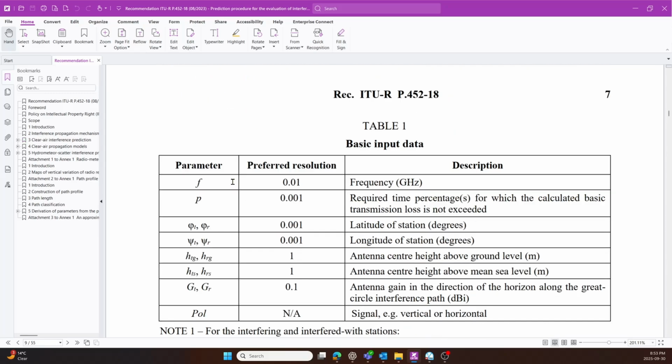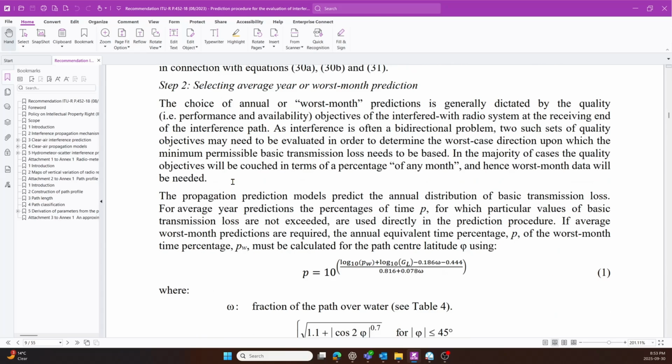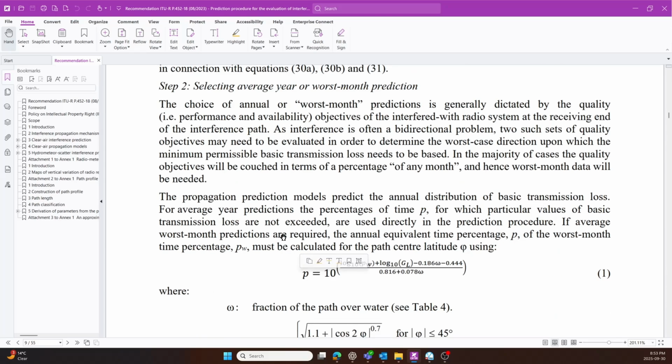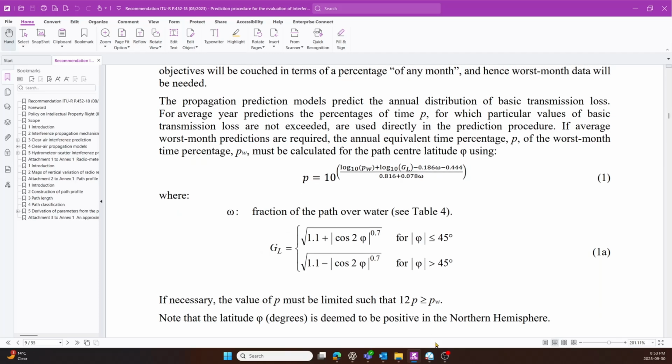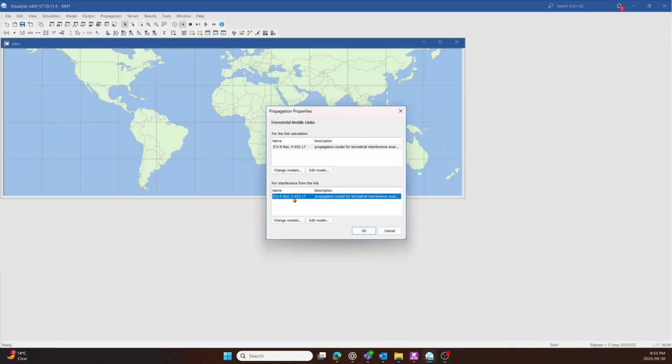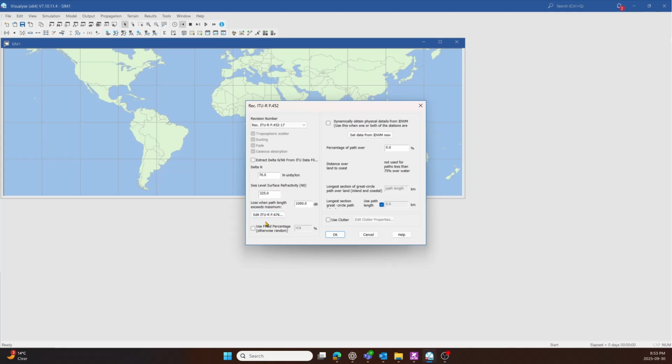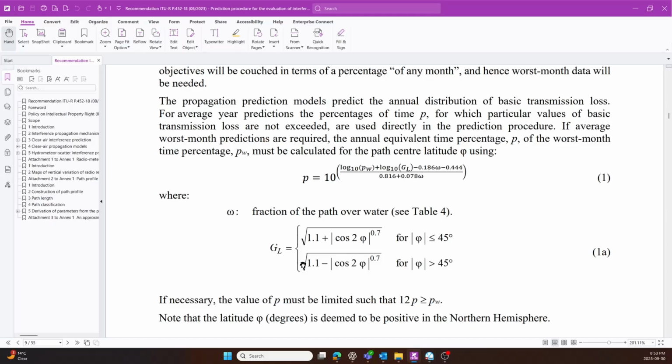If you go a little lower, you are going to see that there is a parameter P. This parameter P is the same one that we could change in this menu here for propagation model P.452. This percentage is the same P value that is shown here on the screen.